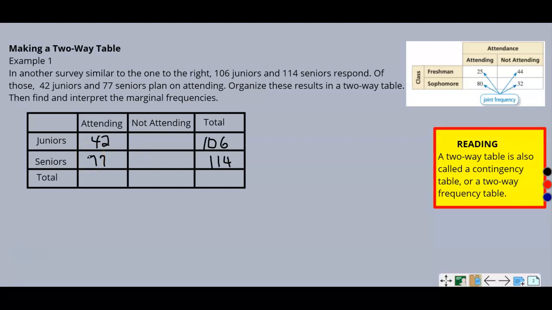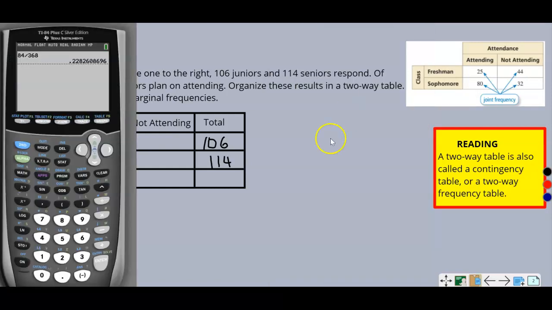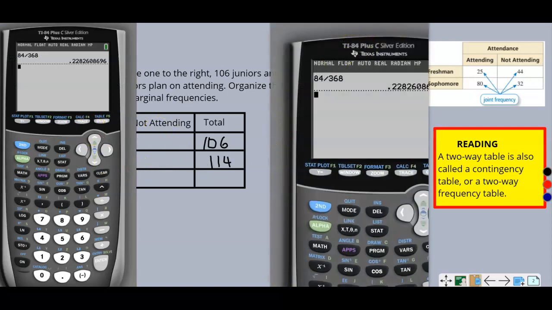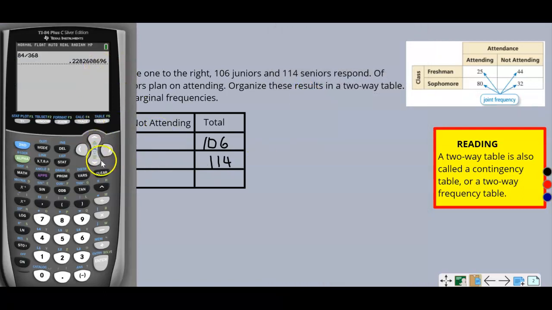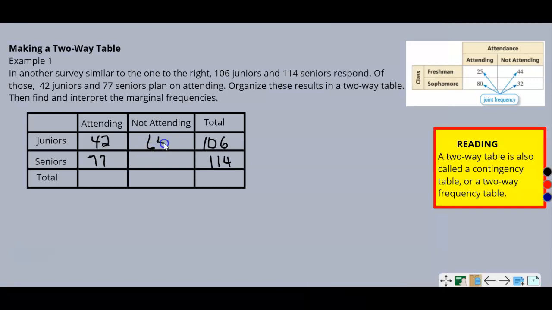All right, so now how can we find out how many students are not attending? Well, that's simple. We just have to subtract the number we know that is attending, and that'll give us the number not attending. So we've got 106 juniors, and we know that 42 are attending, which means 64 are not attending.